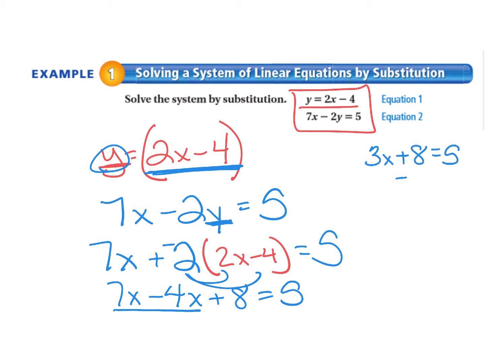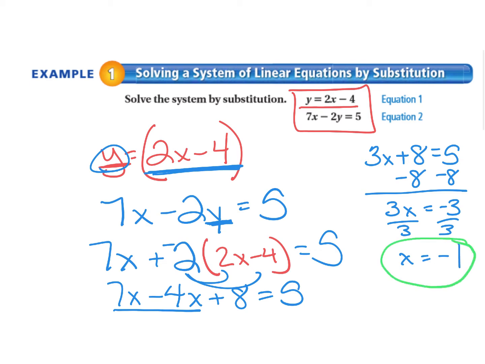Now we're just going to solve the equation. We're going to subtract 8 from each side. I get 3x equals negative 3. Divide by 3, x equals negative 1. So here's one of our answers, but we're not done. This was step 2. Step 3 is we're going to take this negative 1 and plug it back in up here for x.